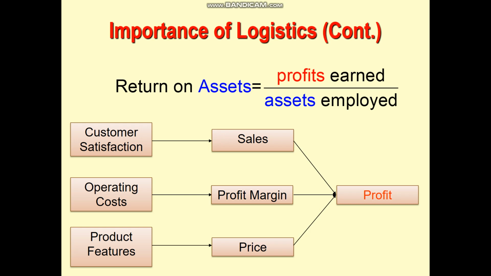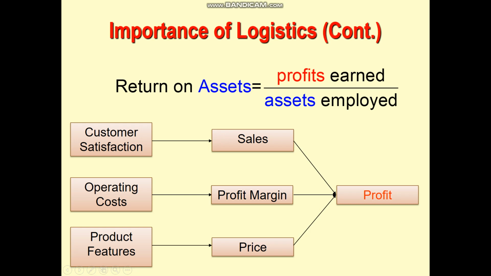The sale depends on the customer satisfaction, and logistics helps us reach a higher level of customer satisfaction. That's why it helps us increase sale. And when the sale increases, we increase the profit. Also the operating cost: logistics helps us to reduce the operating cost. When the operating cost reduces, we have higher profit margin, and higher profit margin will help us have higher profit.